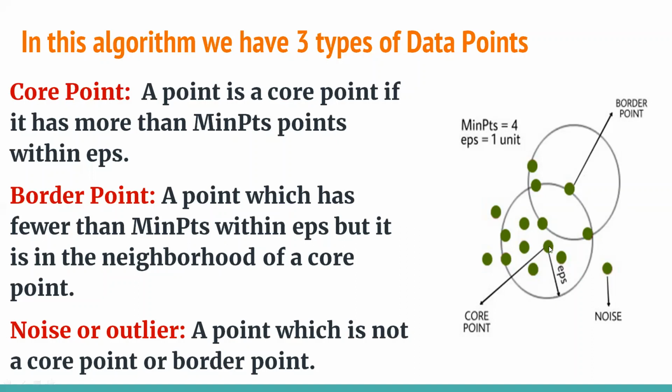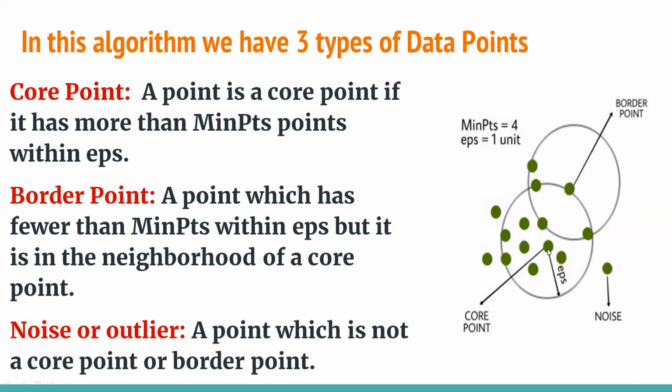Let us suppose if you consider this point where epsilon radius, you are considering as 1 unit. And within this 1 unit, you will have 1, 2, 3, 4, 5, 6 elements. But minimum points I have considered as 4, right?